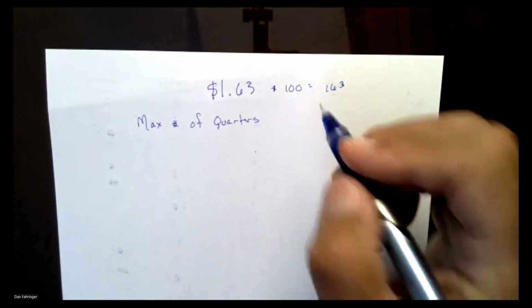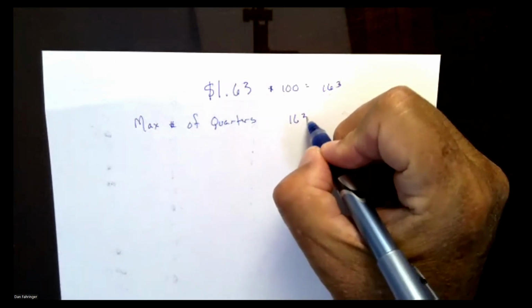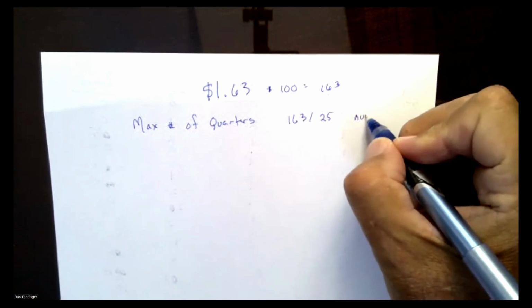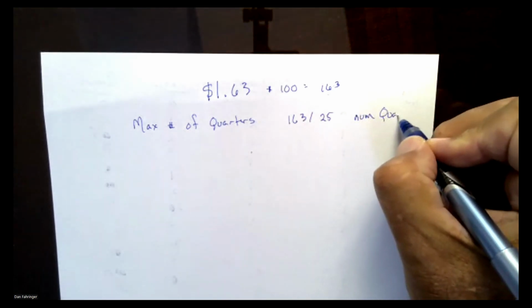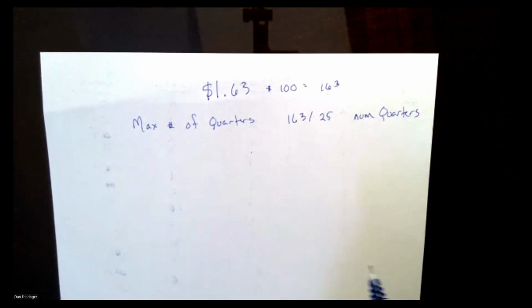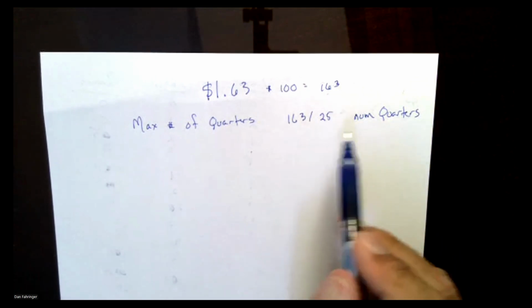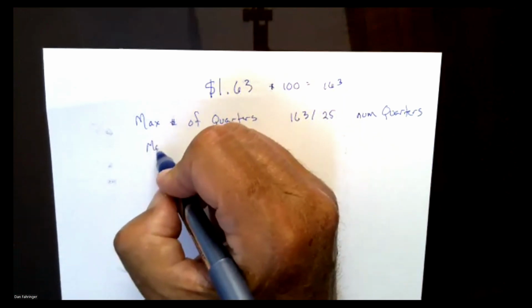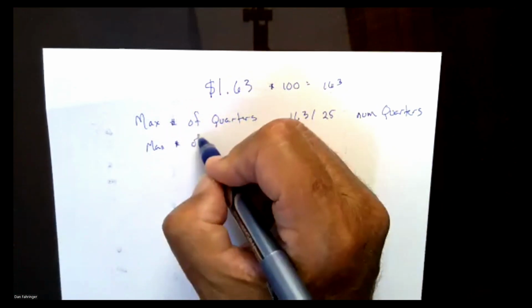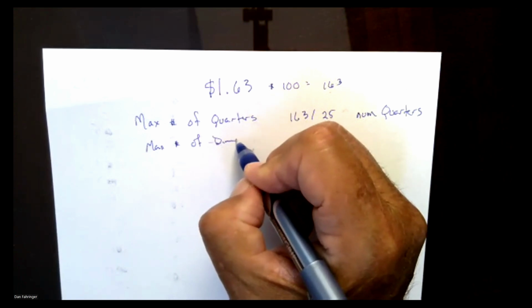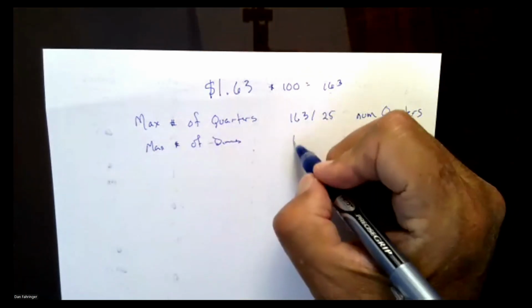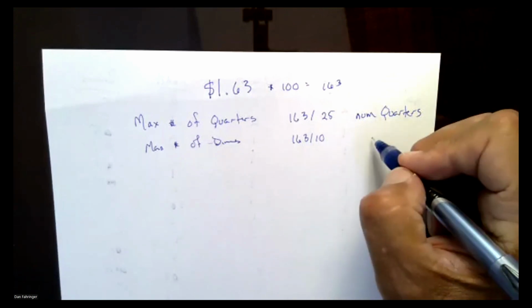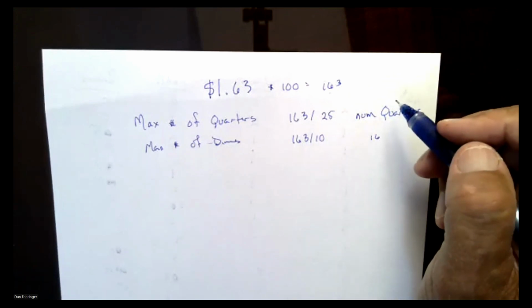So, yeah, 163 divided by 25 is the number of quarters. No more, no less, right? 6. How many dimes? What's the maximum number of dimes? That would be the total divided by 10. Yeah. And it looks like the max here would be 16.